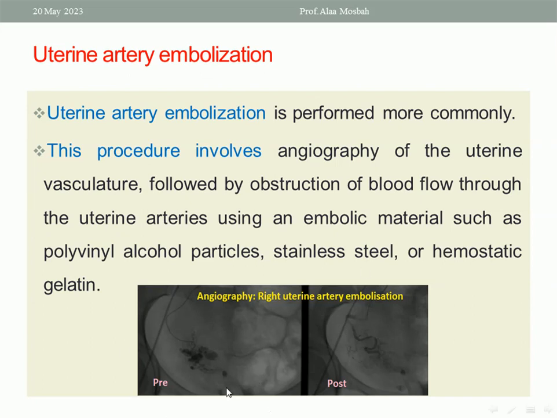As you see in this picture, this is before embolization and this is after embolization. You can see the control of the bleeding and the closure of the shunt or the fistula or the arteriovenous malformation.